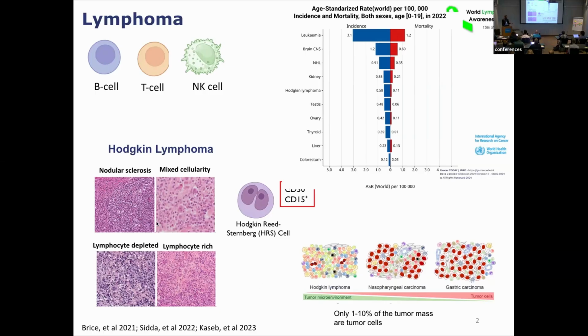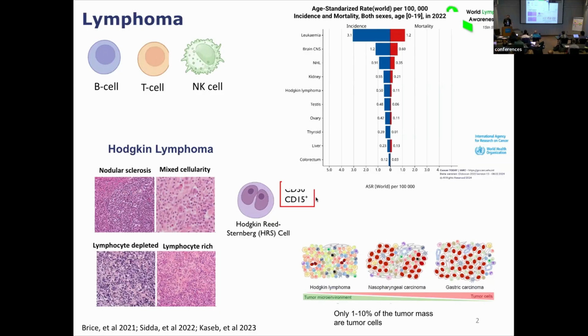Classical Hodgkin lymphoma has 4 different subtypes, and each subtype has the tumor cell known as the Hodgkin Reed-Sternberg cell, which is derived from B cells but has a different phenotype.